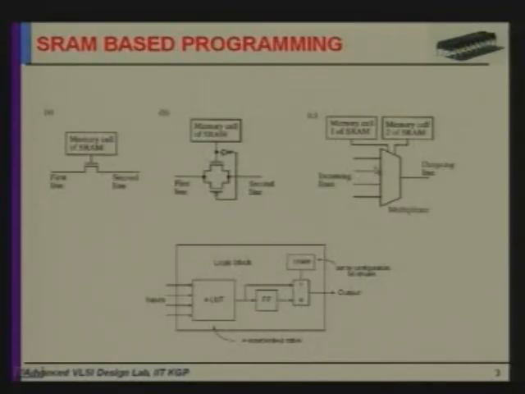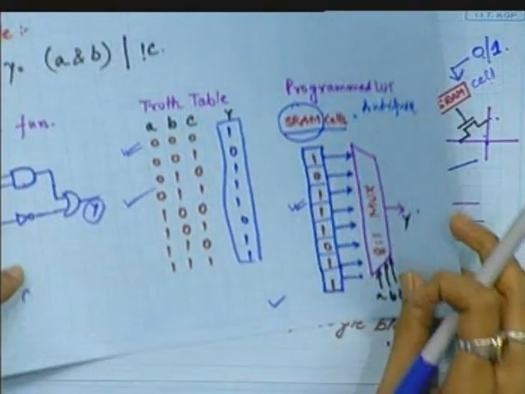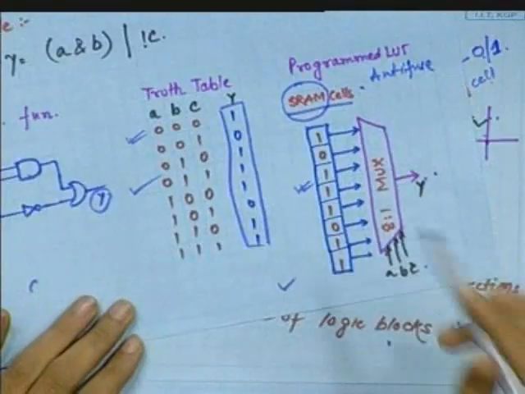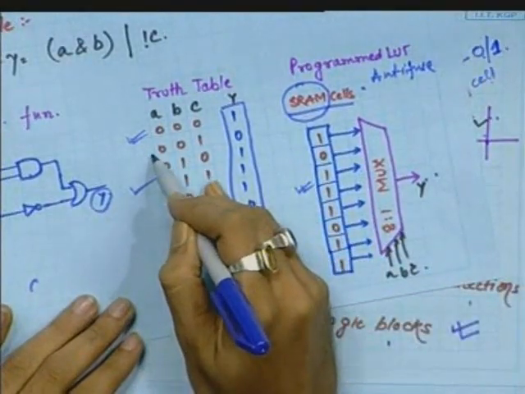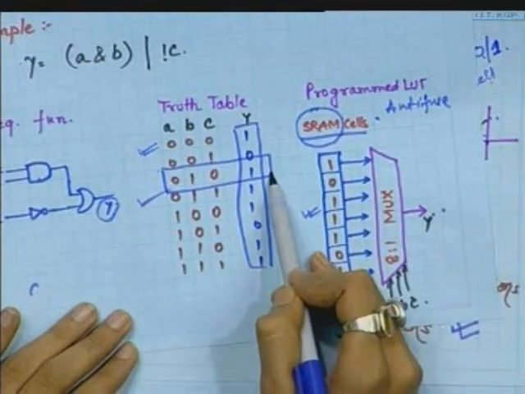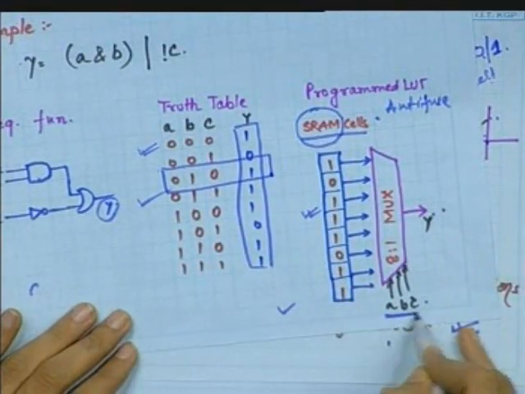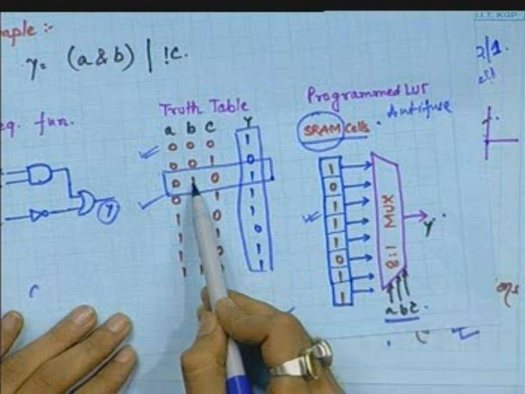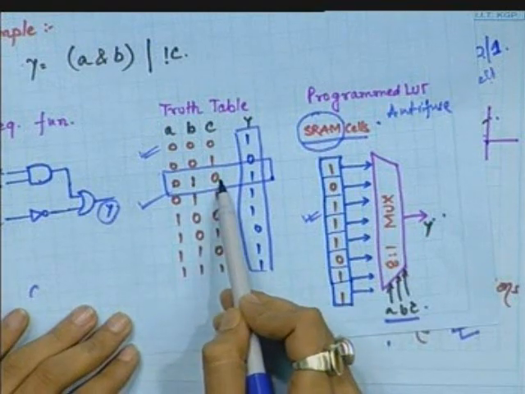Similarly, suppose we require this output here, then we will program ABC to 0 1 0.